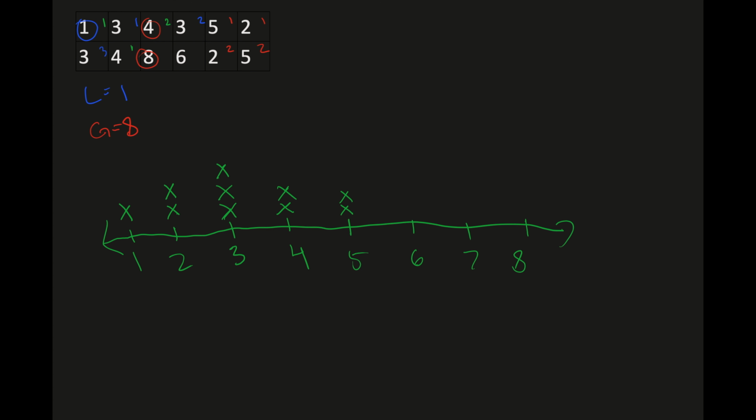Then we have 6. What do we have? 1. 1 x, and then there's no 7s, and it's going to count the 8s. 1. So we're going to draw 1 x. Congratulations, the line plot is complete.